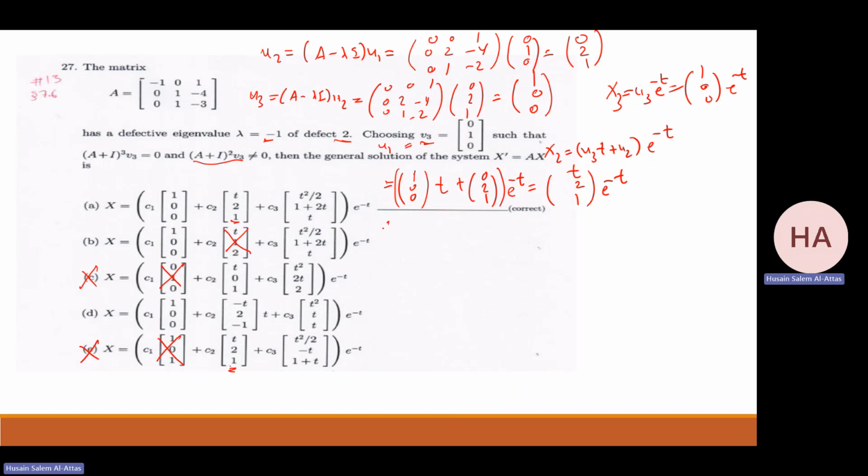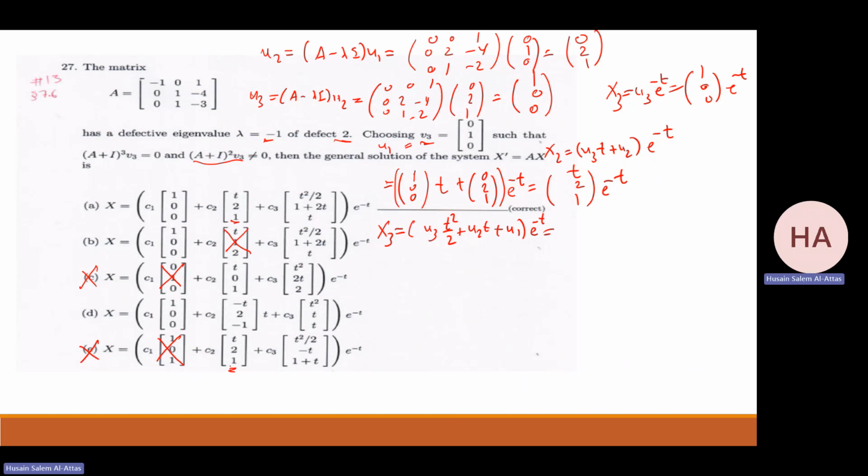Okay, X3. X3 will be U3 t squared over 2 plus U2 t plus U1, times e to the minus t.